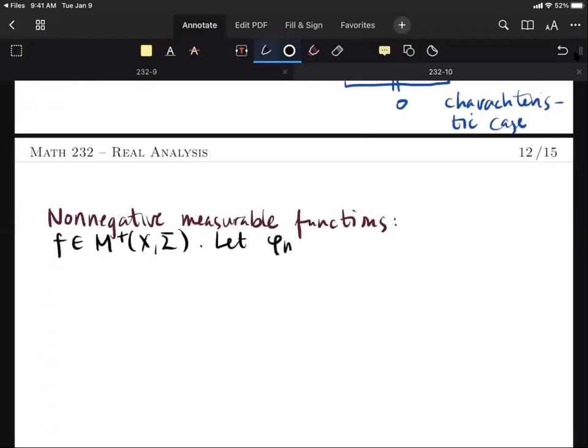The idea is to take, following the definition of the Lebesgue integral for non-negative measurable functions, a sequence phi n in S plus such that phi n increases to f.